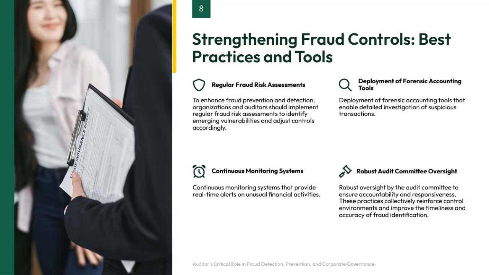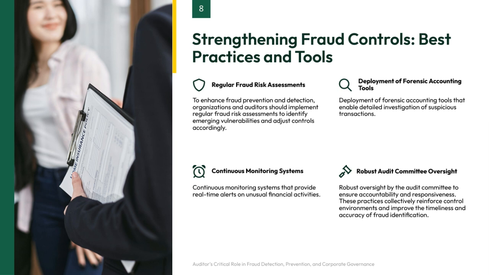To strengthen fraud controls effectively, one key practice is conducting regular fraud risk assessments. These assessments help organizations and auditors pinpoint new vulnerabilities as they emerge, allowing for timely adjustments to controls. Another important approach is using forensic accounting tools, which enable a deep dive into suspicious transactions, making it easier to uncover potential fraud.